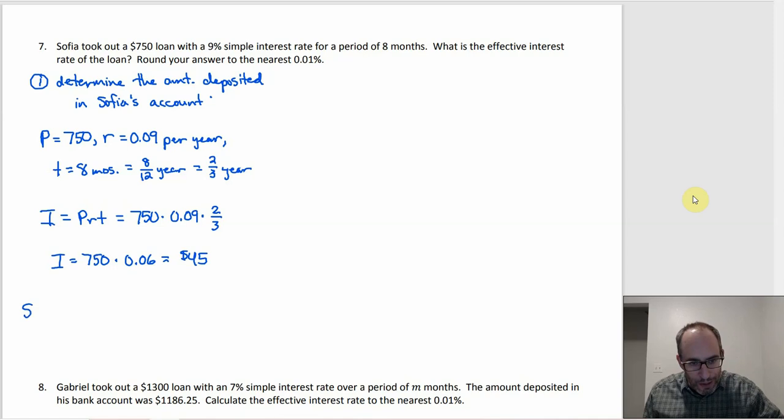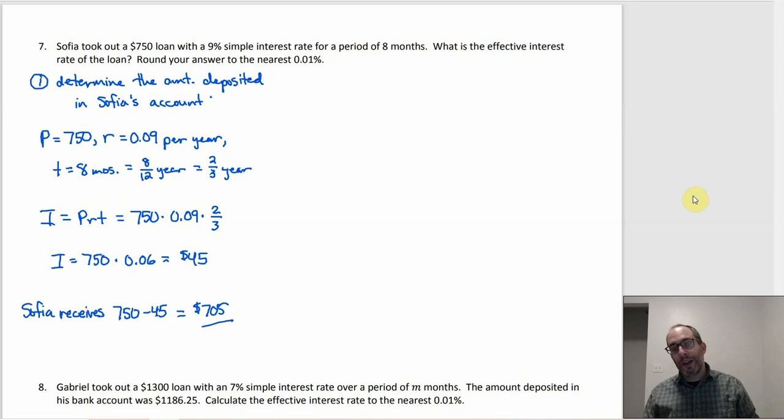So that means that Sophia receives 750 minus 45, which is 705. So that's important. 705, we need that to figure out the effective interest rate, because from her perspective, that's the principal that she starts out with, and then she pays back that plus the interest later.